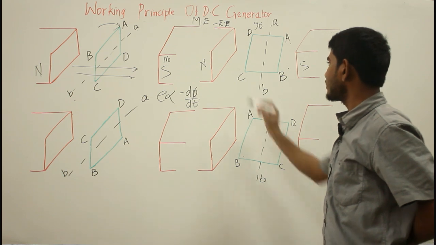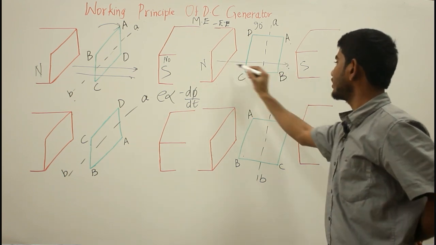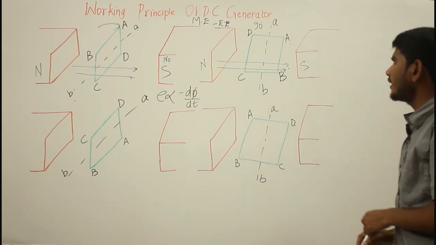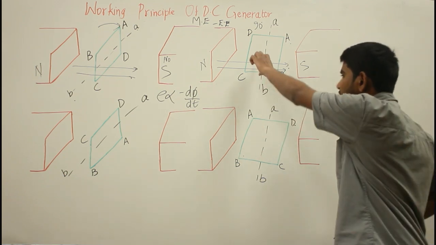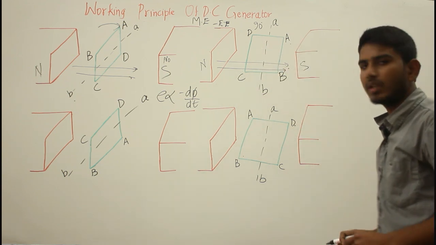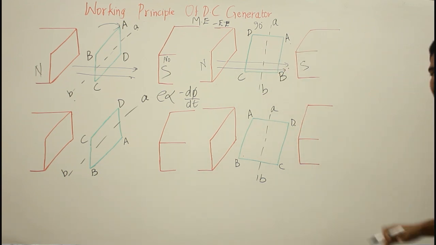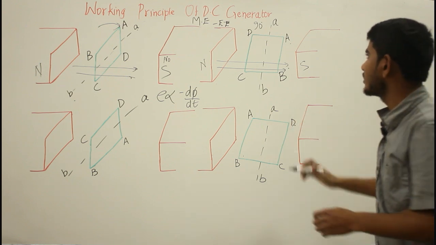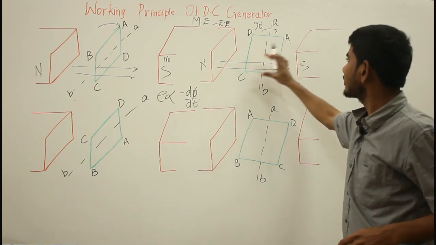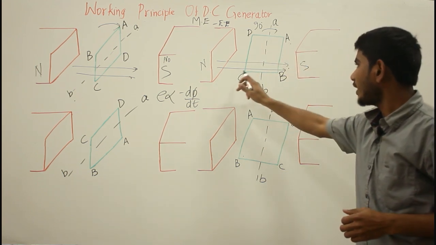Again, the magnetic flux lines go from north to south. From a 3D point of view, the tangential motion of the conductors AB and CD, because we are rotating in this direction, is perpendicular to the magnetic flux lines.